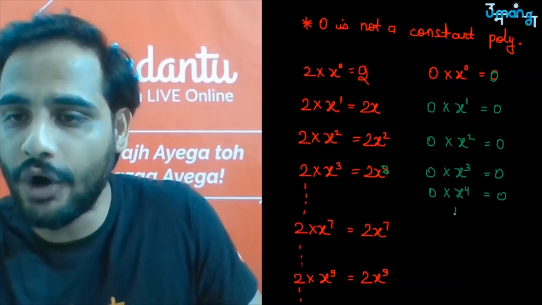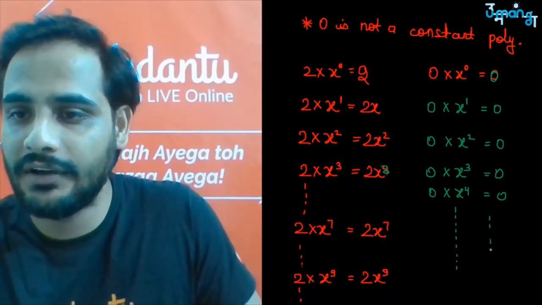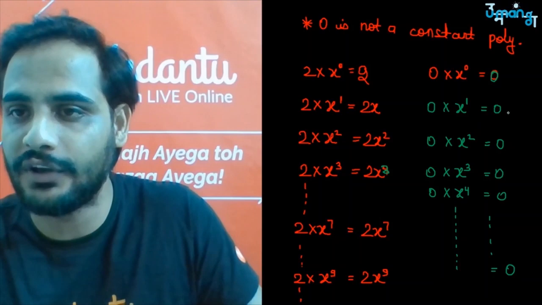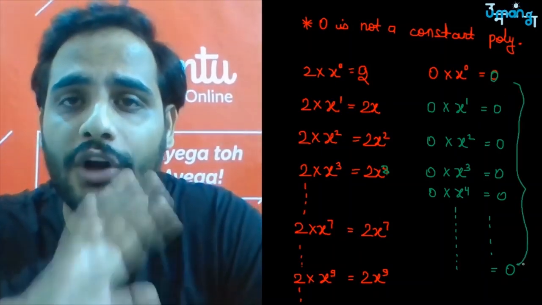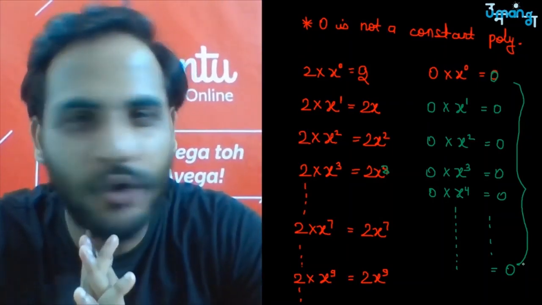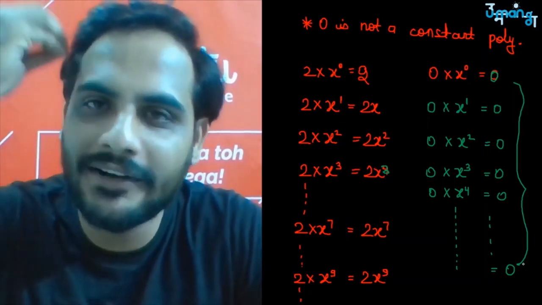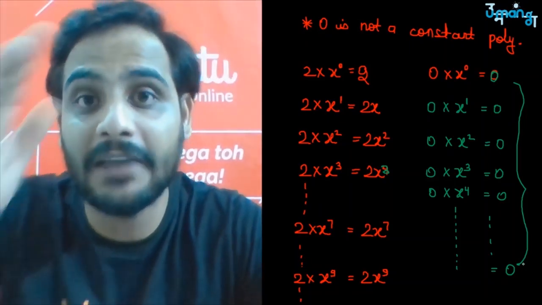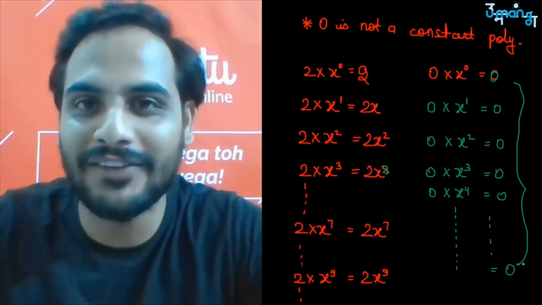No matter what power of x you multiply, your answer will always be 0. So when I write only 0, I am not able to identify which variable I am multiplying, because no matter what power of the variable I multiply, my answer is always 0. 0 is the king in multiplication, it makes everyone 0.